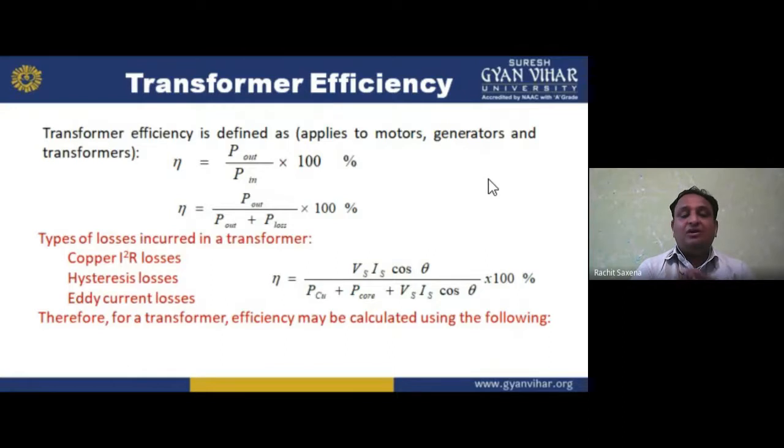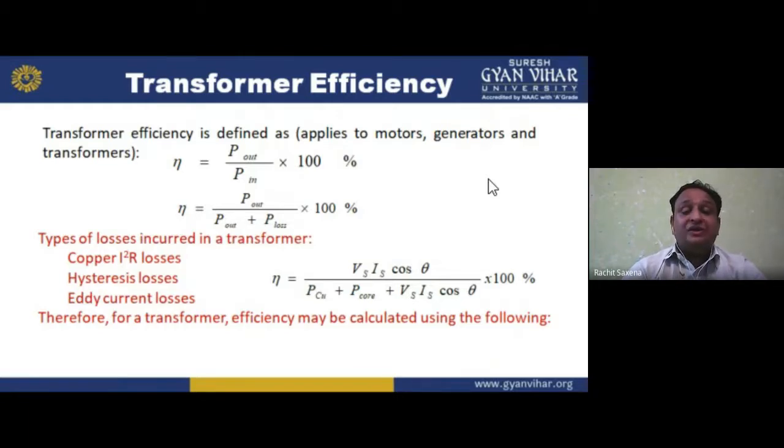We already studied the two types of tests previously, the open circuit and the short circuit. In open circuit, we basically identify the core, magnetic and iron losses, meaning eddy current and hysteresis, that is P_core. In the short circuit test, we are going to measure the copper losses, current based losses.